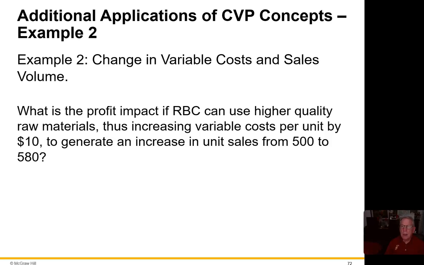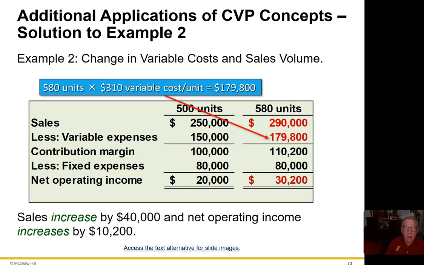Okay. Now, we can also change the variable cost and sales volume. What's the profit impact if RBC can use higher quality raw materials? That will increase the variable cost per unit by $10 to generate an increase in unit sales from 500 to 580 units. So is that a good idea? Well, let's take a look.